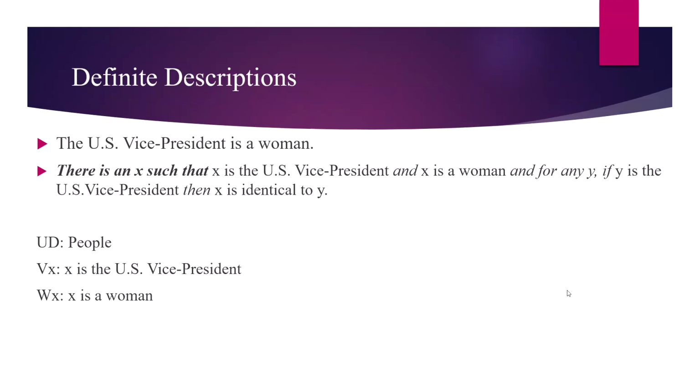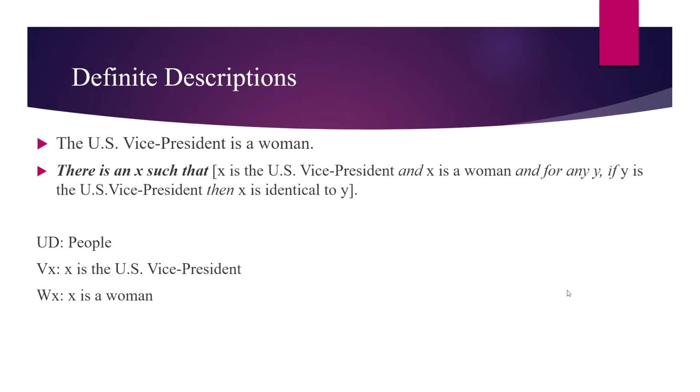But what's going on here is we say that there is some X that is the US Vice President, and then we say you can pick anything out of the universe of discourse, and if it has this quality of being the US Vice President, then it's the same exact thing as X. So that's what we need to say, that being the US Vice President is something that uniquely applies to one individual, and that person is also a woman.